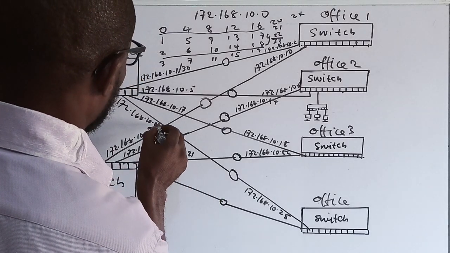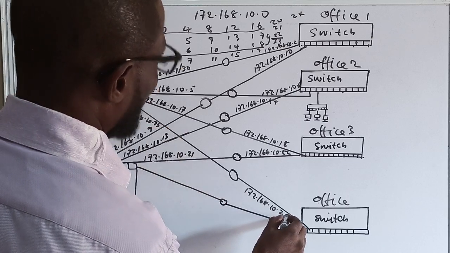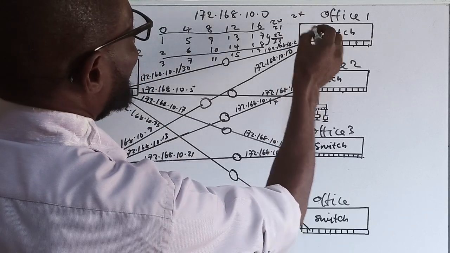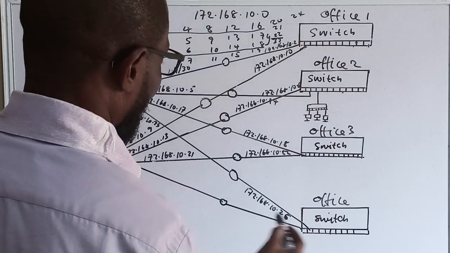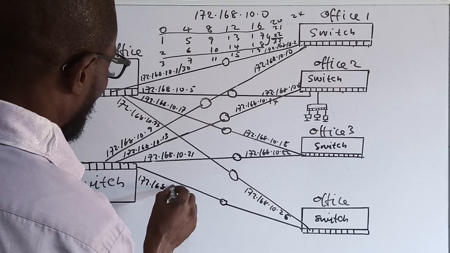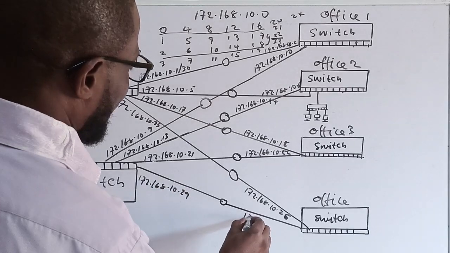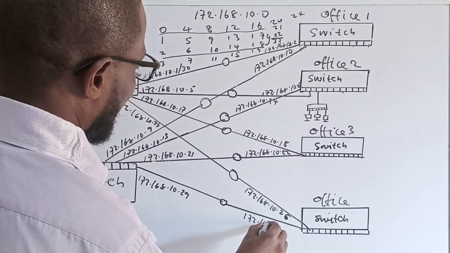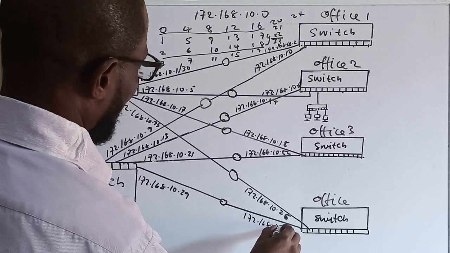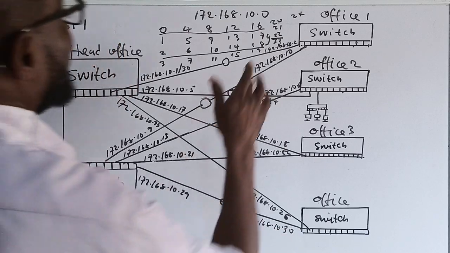This 25 here and this 26. 27 is the broadcast address, and the next one is 28. So 172.168.10.29 and 172.168.10.30.